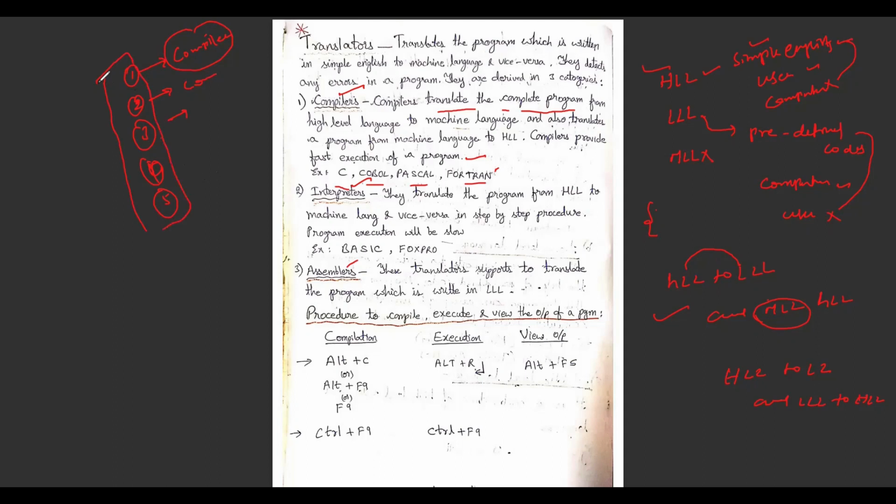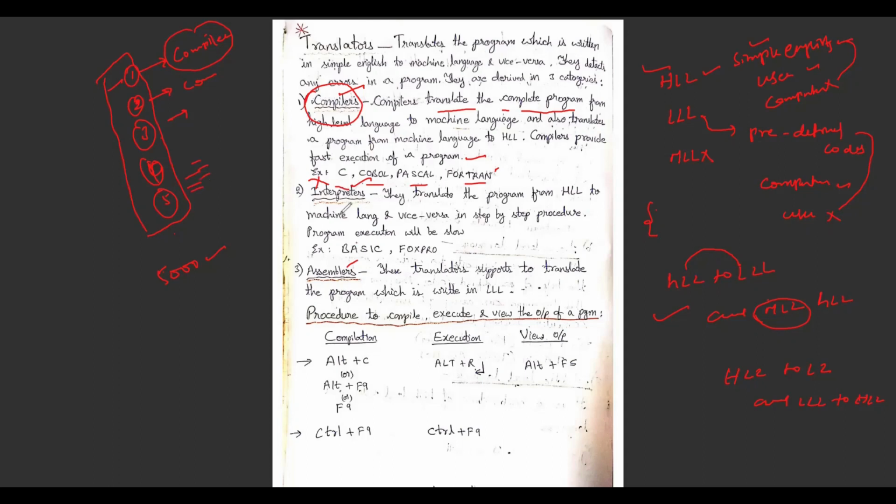So if it is a 5-line program, no issue. But if it is a 5,000-line program, then extracting a single line, compiling that, and giving the output takes much time, right? That's the reason we use compilers instead of interpreters. So it is a step-by-step procedure of execution of a program.